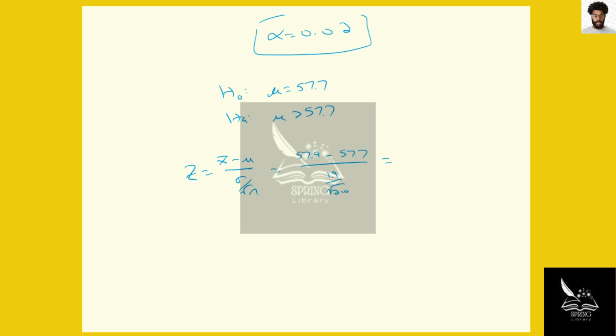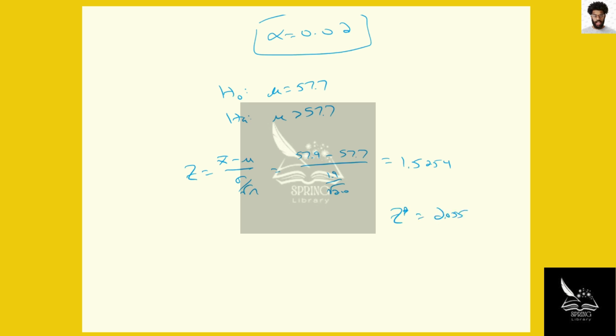So 57.9 minus 57.7 over 1.9 over the square root of 210 is a z-score of 1.5254. And now we'll compare that to the test with the critical value at a 0.02 level of significance, which is 2.055.